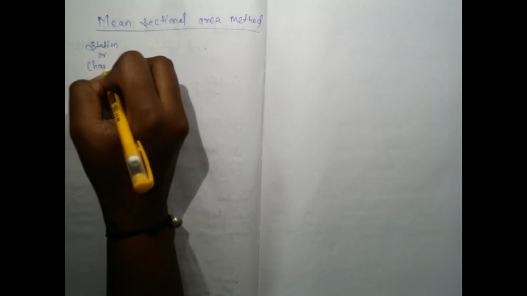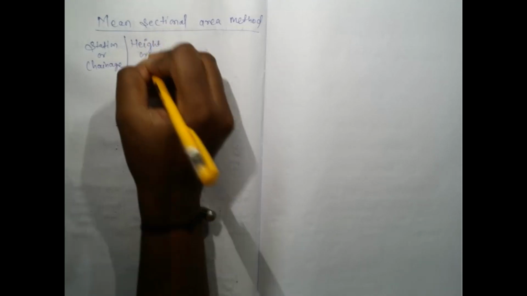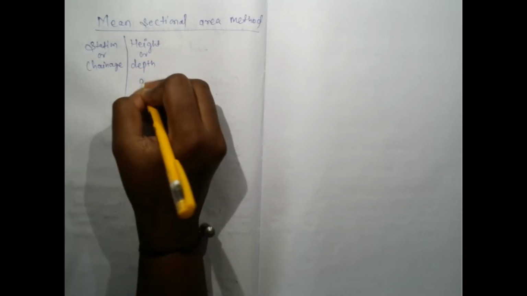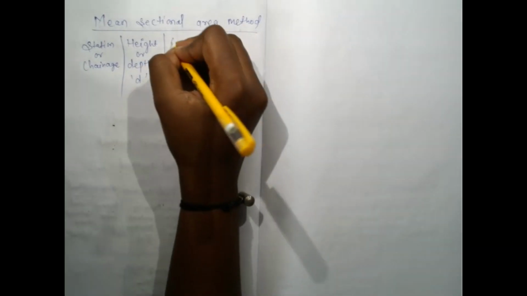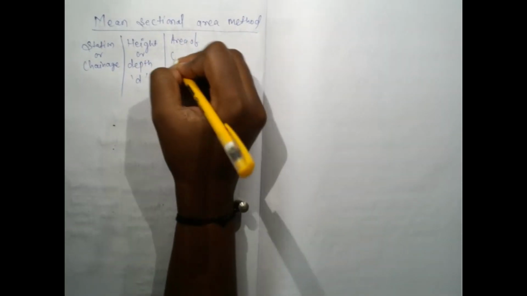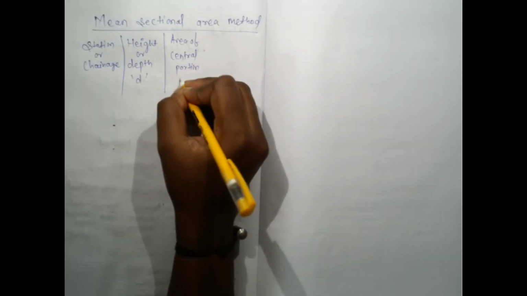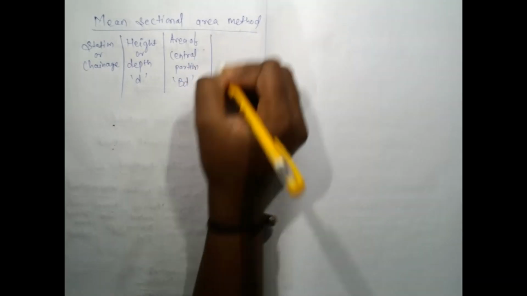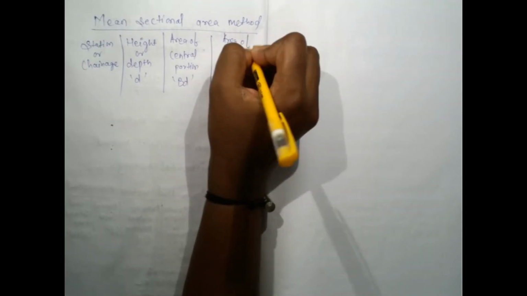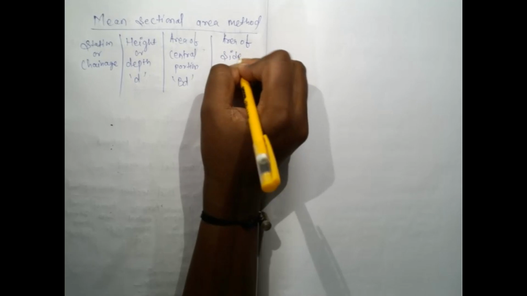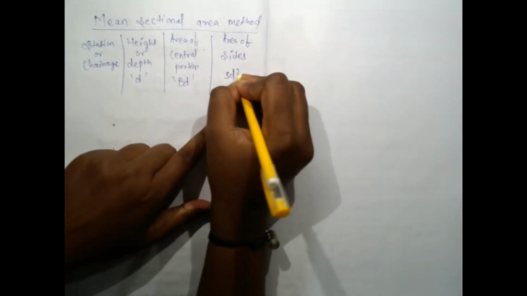It has station or chainage, then height or depth, which is also known as D, then area of central portion, that is BD, and then area of sides, that is SD square.